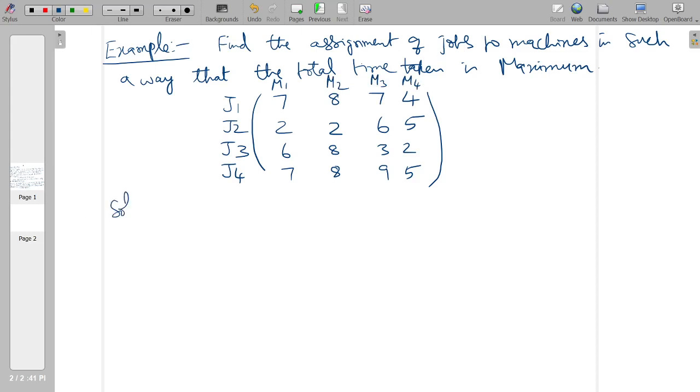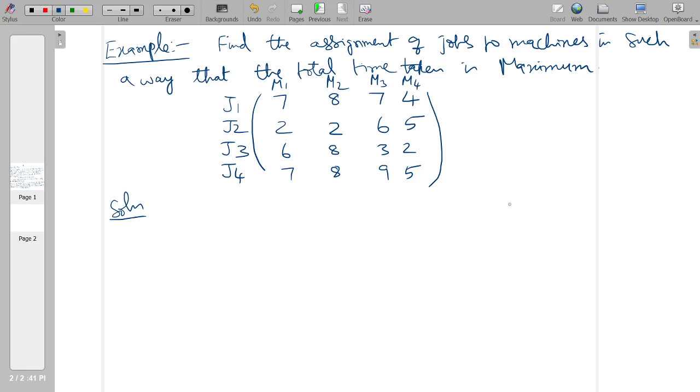Okay, now I try to solve it using the graph theoretical techniques. If you could remember, in the last class we had calculated the delta matrix and we had a matching. Okay, we had an assignment in the first iteration. But let us see what happens to this particular problem.